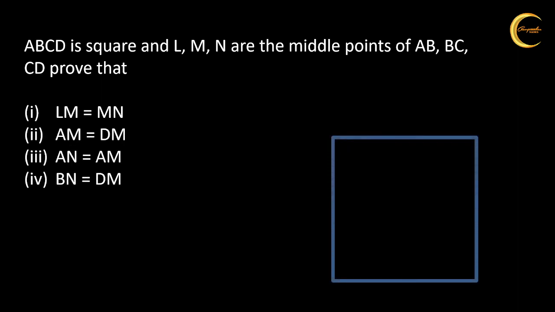So this is our square ABCD. The midpoint of line AB is L, the midpoint of BC is M, and the midpoint of line CD is N. Which problems do we have to prove?